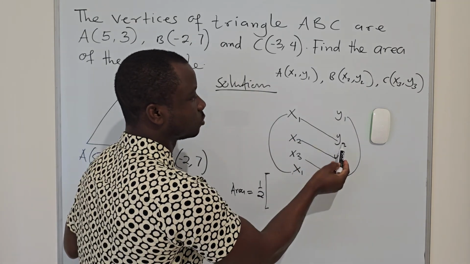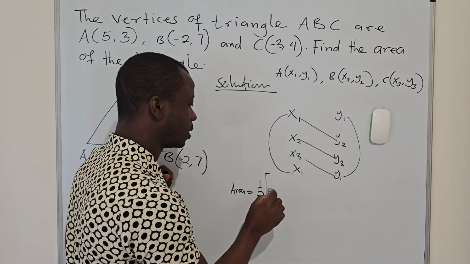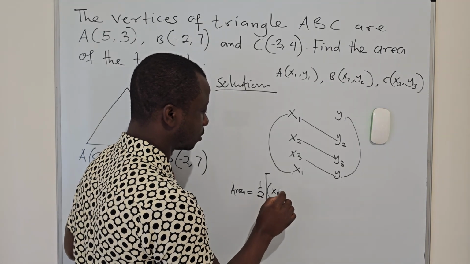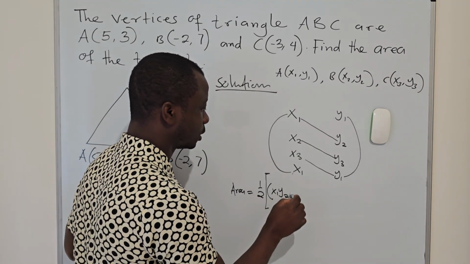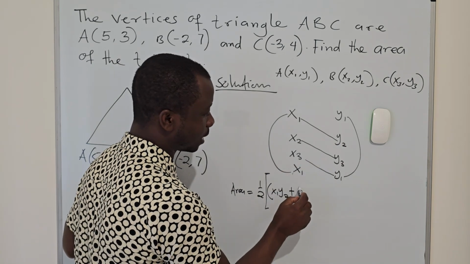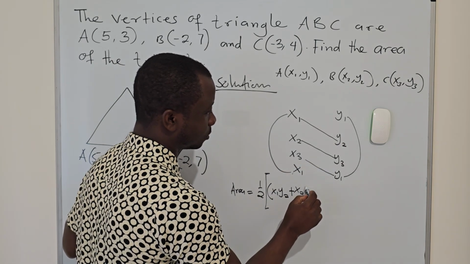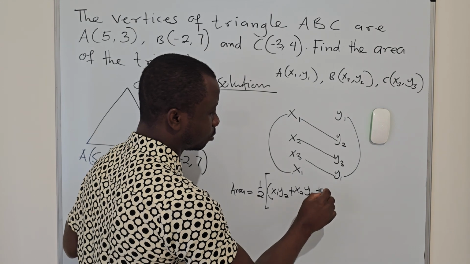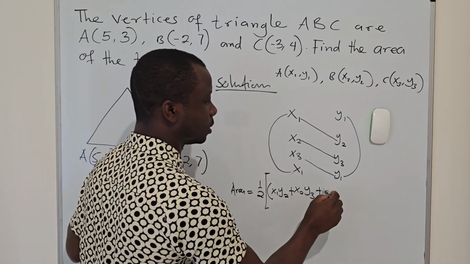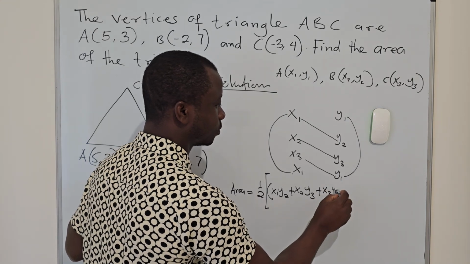So x1 is going to multiply y2, and then you get x1 y2, plus, I'll multiply this by this, so you get x2 y3, plus x3 times y1, so you get x3 y1.